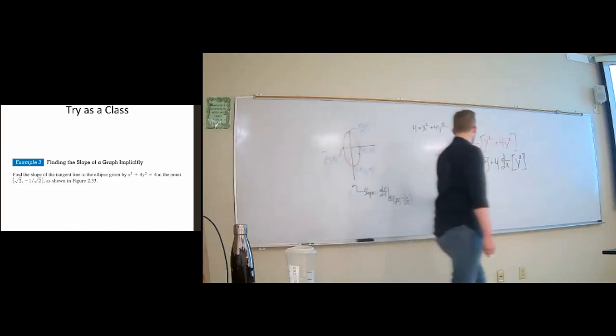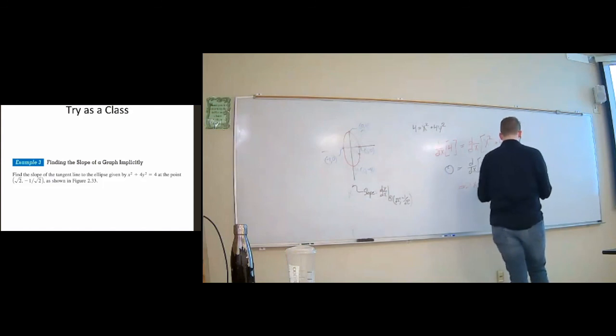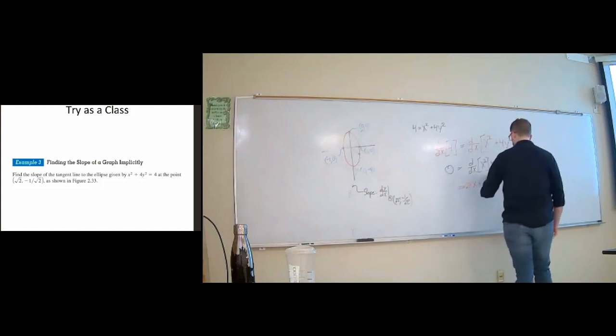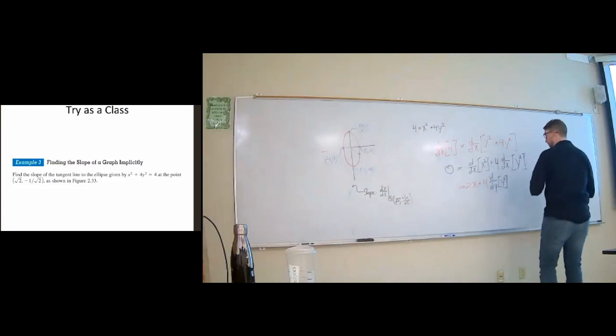So differentiating, we get 2x plus 4 times d/dy of y squared times d/dx of y.